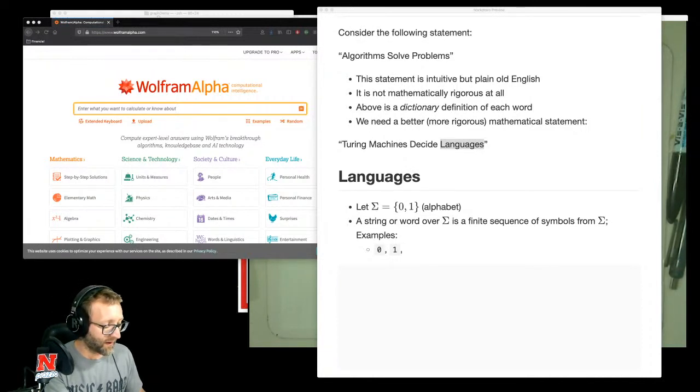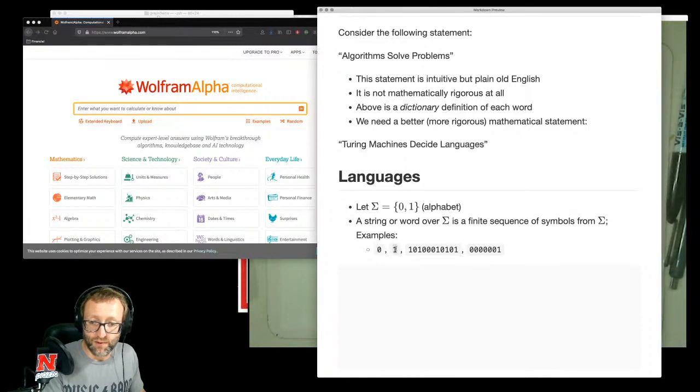And then we can have any sequence of zeros and ones. Each one of these is a finite sequence. It's ordered. And we're not treating these necessarily as numbers. So you can have a bunch of leading zeros, 1. That's not the same thing as the second one there with just the 1. These are two distinct strings. This one right here is of length 1, and this one is 1, 2, 3, 4, 5, 6, 7 symbols over the alphabet.